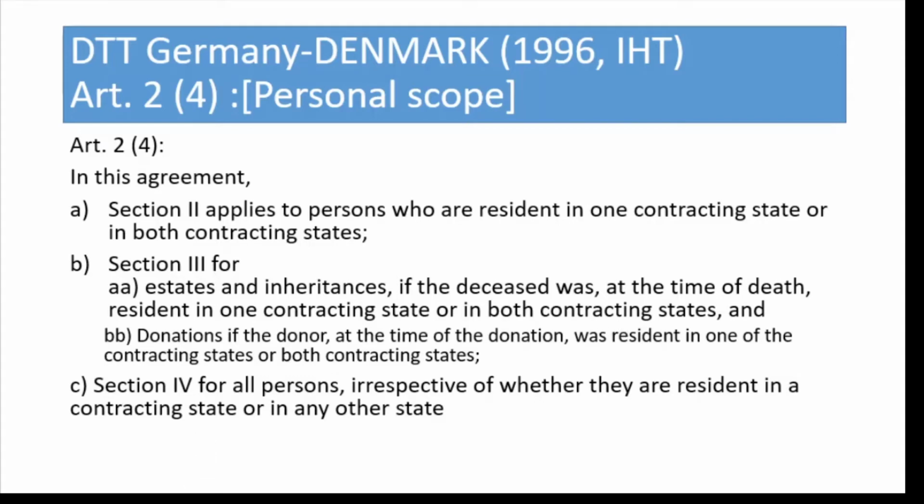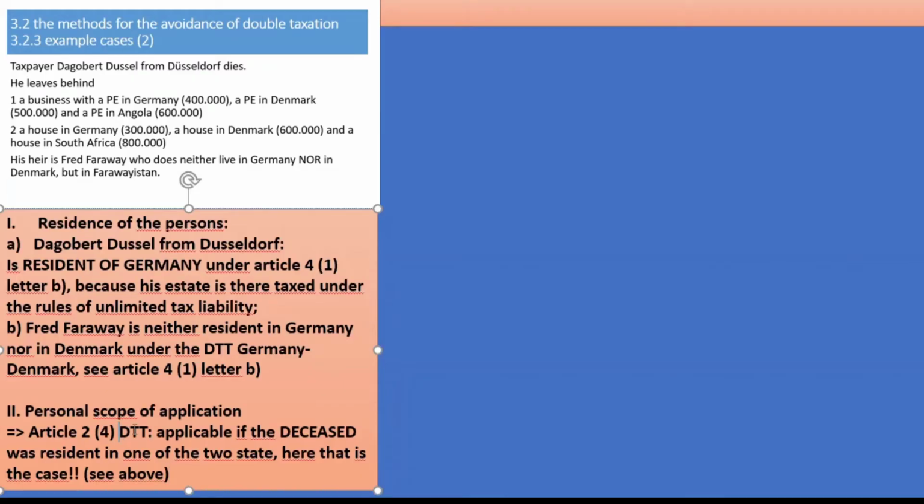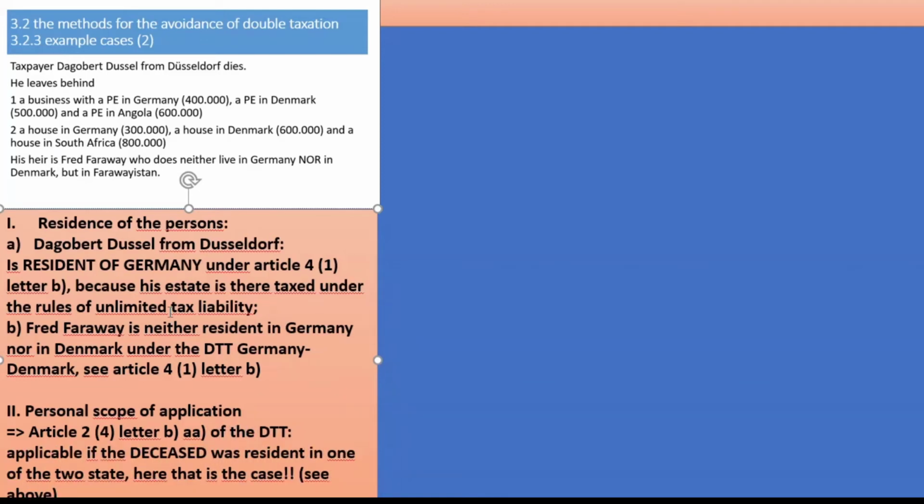So that's clear, the treaty applies. It is not requested that the heir was resident in one of the two states. So that was, to make it more precise, letter B, AA of the Double Taxation Treaty. It does not matter that the heir does not live in one of the two states.